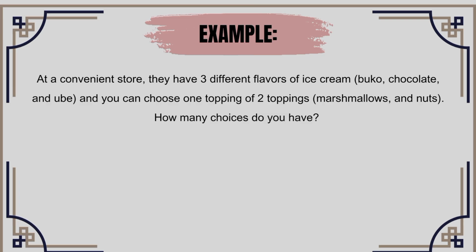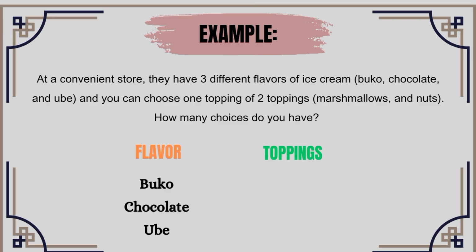How many choices do you have? In this problem, we have to present all of the possible choices of ice cream when we have 3 flavors and 2 toppings. Now, let's try using the different methods to illustrate the permutations of this problem.